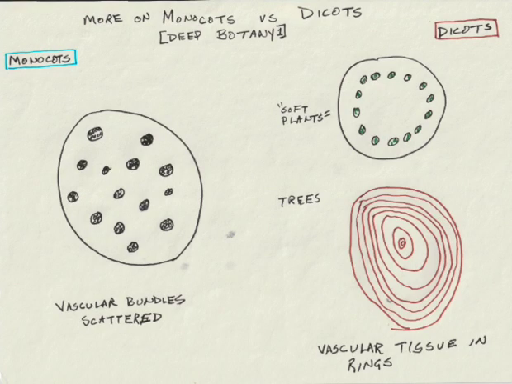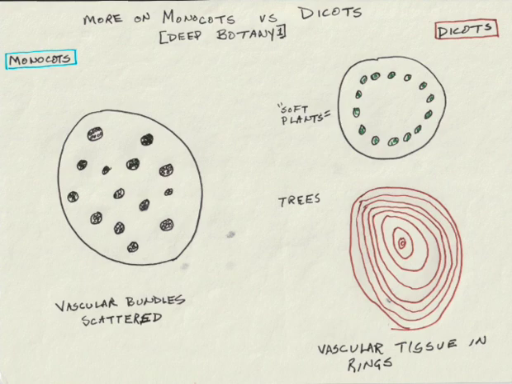If you look at the cross section of a stem of grass, and you look at what's called the vascular bundles, that is the bundles of veins in this stem, you'll see that the vascular bundles are just randomly scattered throughout that cross section.